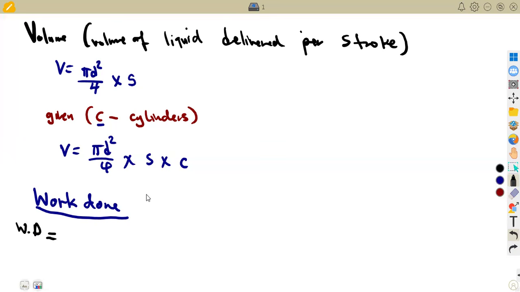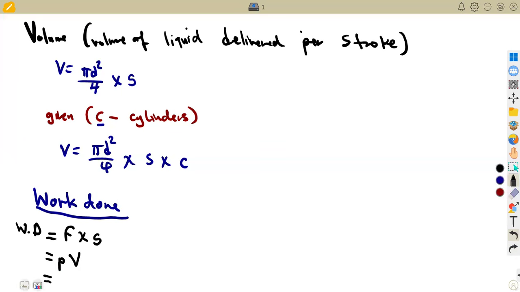Remember, I talked about when the force is applied over a certain distance, work is being done. So that's the first formula you're supposed to think of: force times the distance moved, which is the stroke length. Also, the work done can be given from pressure times the volume, so P for pressure, V for volume.